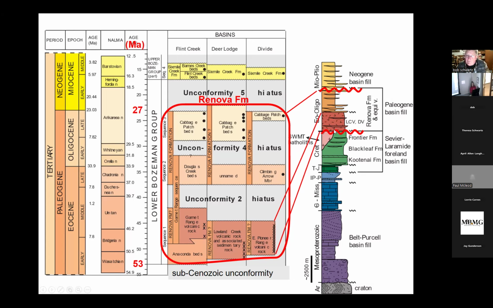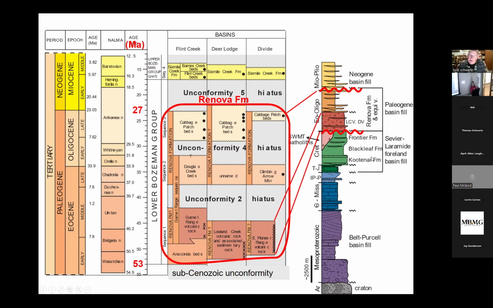And we have the Renova Formation itself that consists primarily of siliciclastic rocks, ranging from volcanic-rich rocks or volcanics themselves right at the base to mudstones, sandstones, and conglomerates up here, mostly fine-grained, and then capped by this unconformity here.